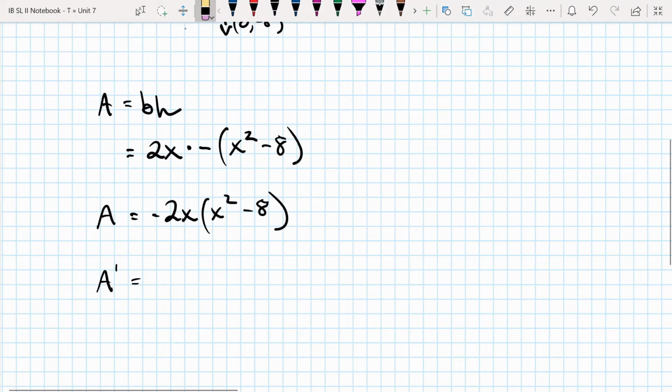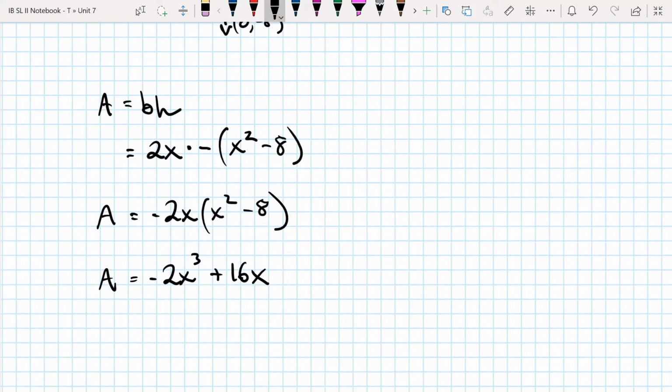Before we do that, let's actually just distribute. It'll be easier so we don't have to use the product rule. So we have negative 2x cubed plus 16x. All right, and then we're going to take the derivative of this equation. So negative 6x squared plus 16 equals 0.